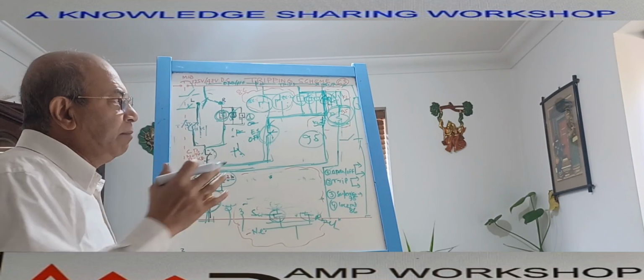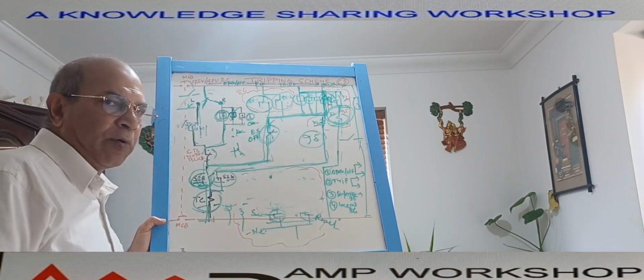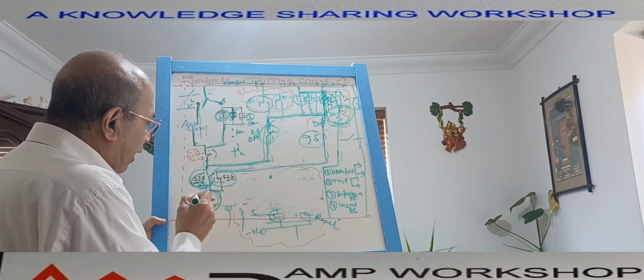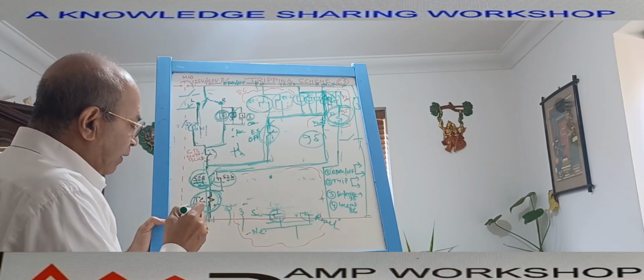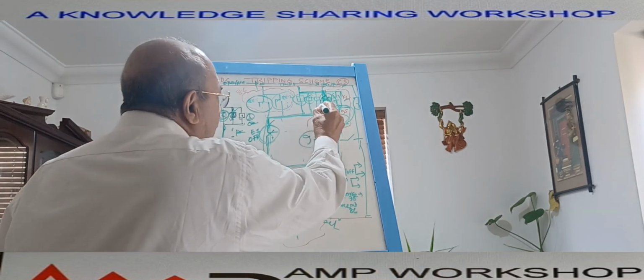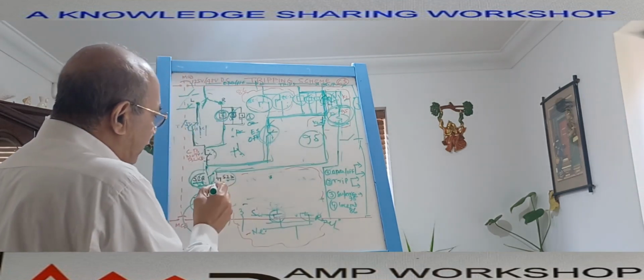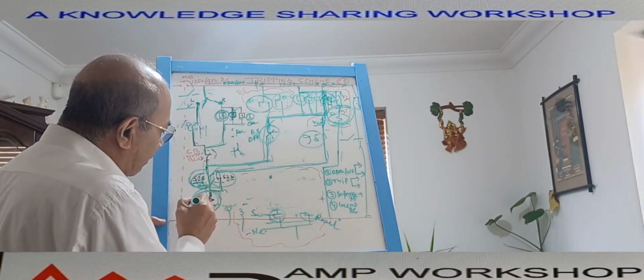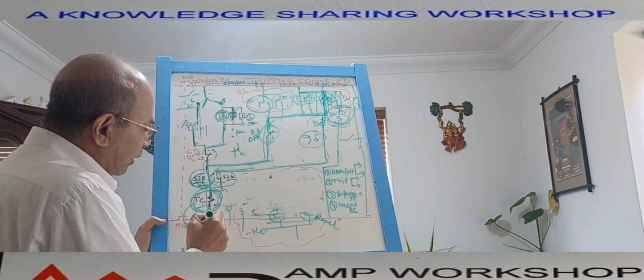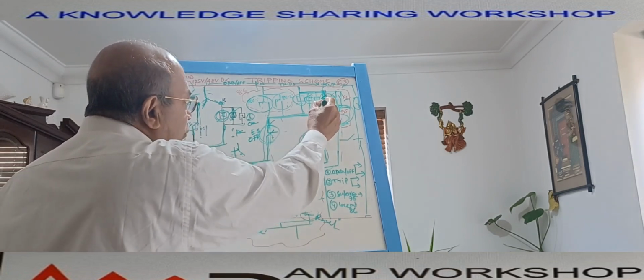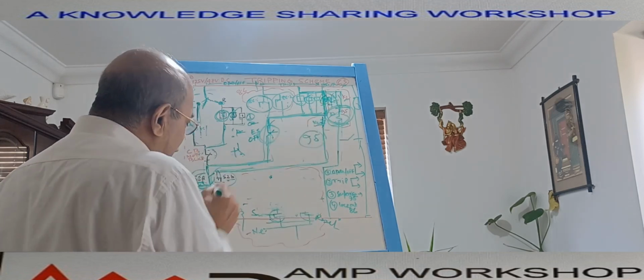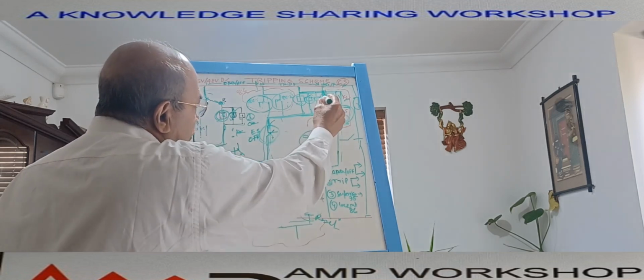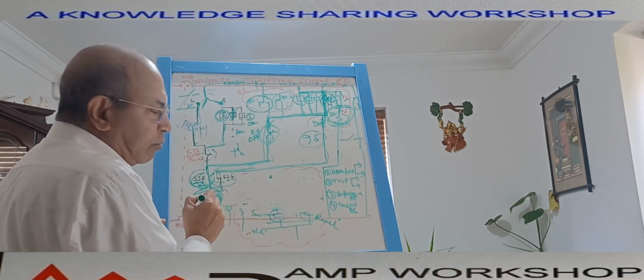For any reason, if the 95 drops, when can the 95 drop? If the trip coil has failed, immediately what will happen? The moment the trip coil has failed, K1 and K2 both will drop, because whether the power is coming through this path or through this one, it is ultimately passing through the trip coil. So when the trip coil has failed, power is coming through either K1 or K2, but it is not passing through the trip coil.